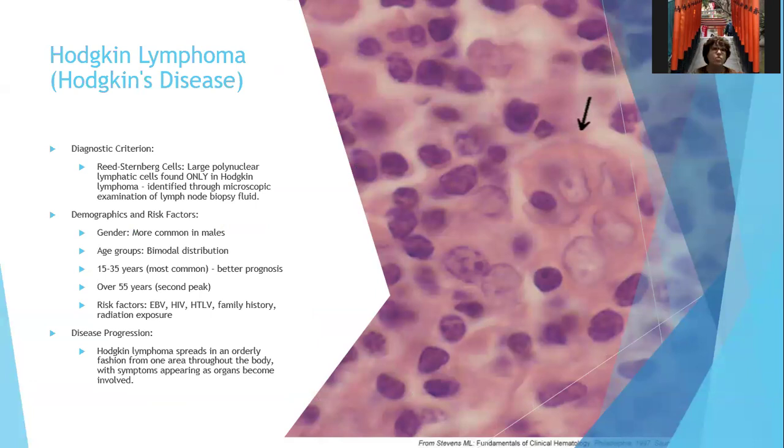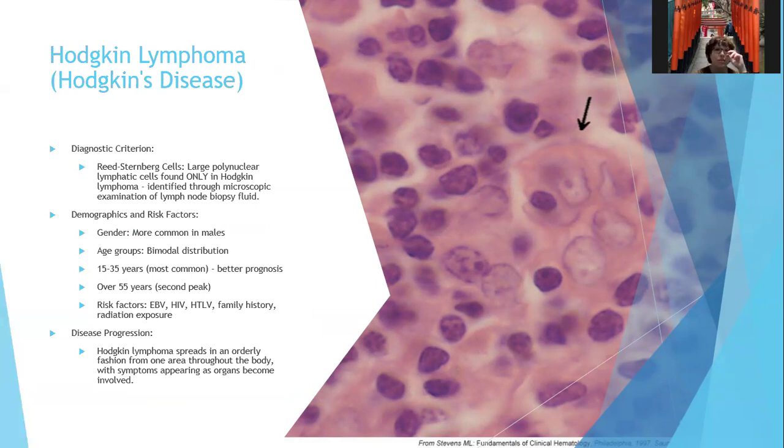So when they do the lymph node biopsy, one of the things they're looking for is these large polynuclear lymphatic cells that are found only in Hodgkin lymphoma. They're called Reed-Sternberg cells. Remember that name, it'll probably be on the test.